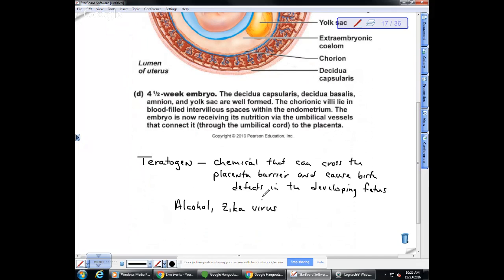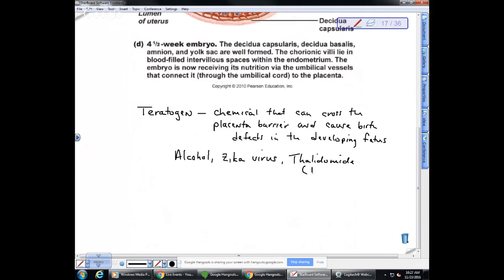But the most famous example of a teratogen was a chemical called thalidomide. Okay, and so in the 50s and the early 1960s, they were giving females thalidomide during early pregnancy, like for morning sickness. So it was kind of a sedative, and it was a treatment for morning sickness, but it was a drug. And it caused dramatic birth defects, and specifically, it caused the development of deformed appendages, right?